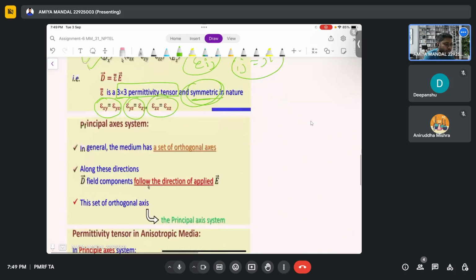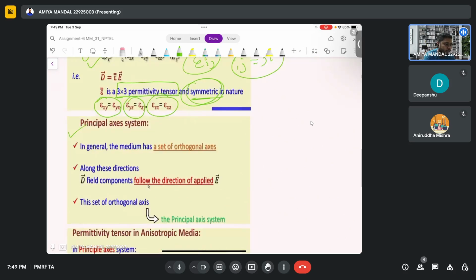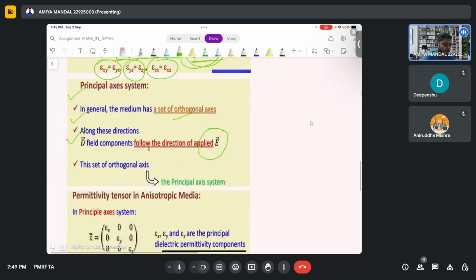Principal axis system: in general, the medium has a set of orthogonal axes along these directions. The D field components follow the direction of the applied electric field. So what is the principal axis system? There is a set of orthogonal axes, and the D field follows the direction of the applied field. These are the two important points, and this is the principal axis theorem.